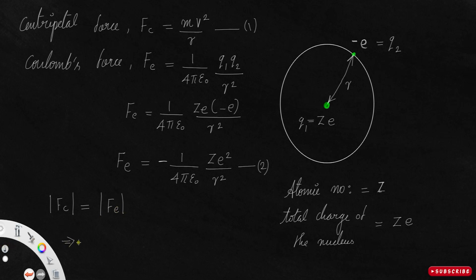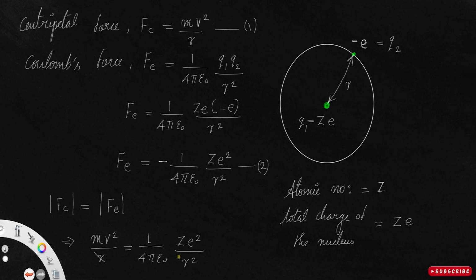So we can write mv square divided by r equal to, you don't have to take the minus sign since magnitude is always positive, 1 by 4 pi epsilon 0 Ze square divided by r square.